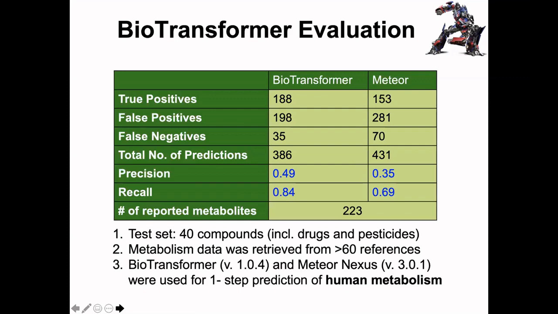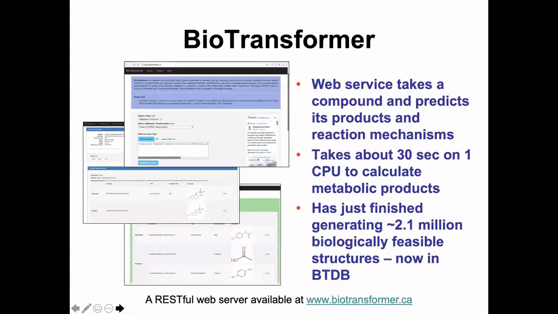And generally, we found that the precision and recall for biotransformer was about 10 to 20% better than the commercial one. Now, the commercial tools are generally very limited. They only perform phase 1 metabolism. So biotransformer is able to do the other types of metabolism as well, phase 2, microbial, environmental, and promiscuous.